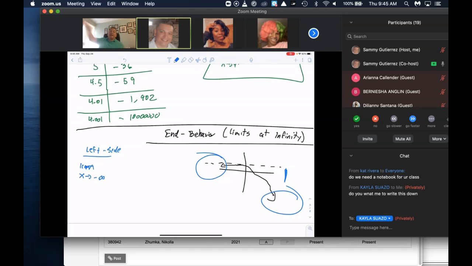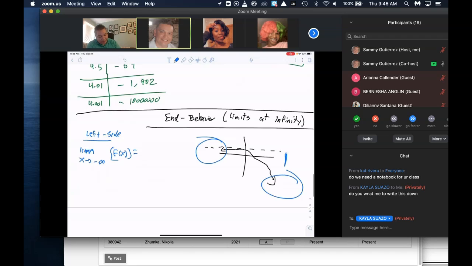Negative infinity means I'm looking to the very far left of my graph, okay? Of f of x equals. Now, if I do a table, x, f of x, I want to get more and more negative. So let's give me a negative number. -3. I plug in -3 and I get 1.